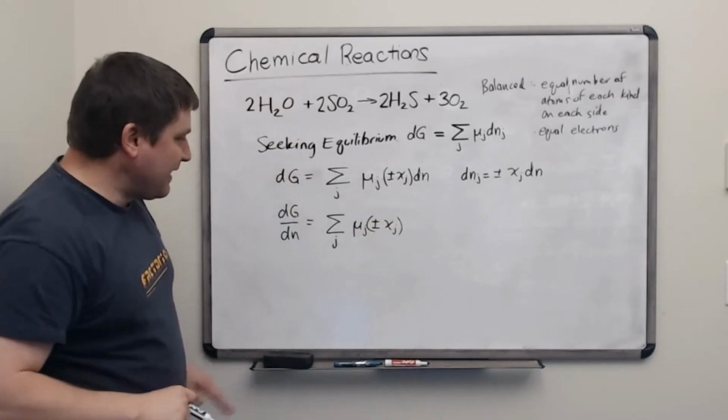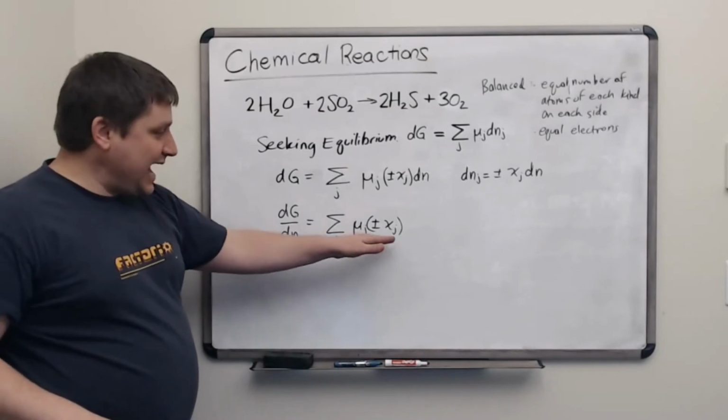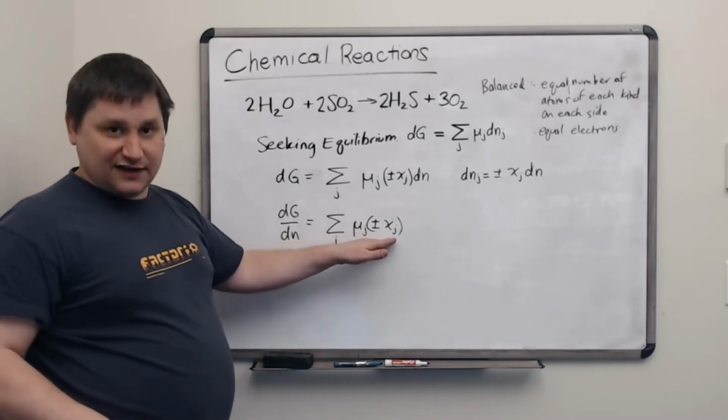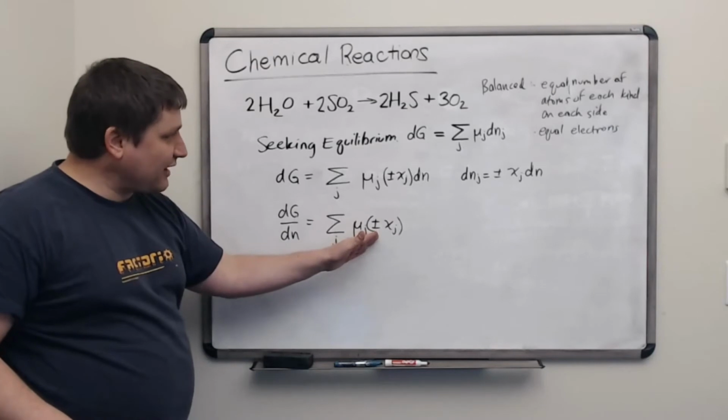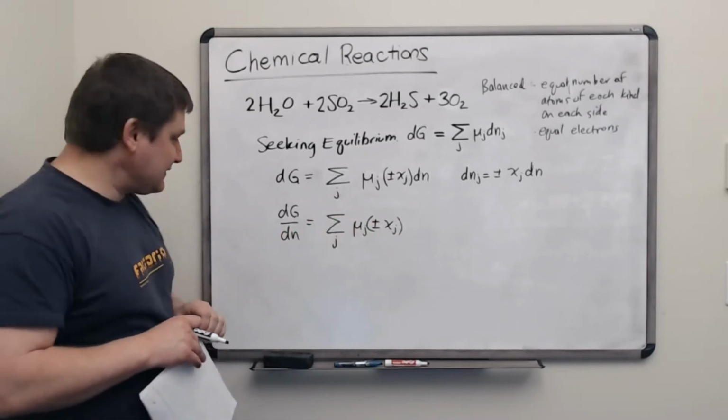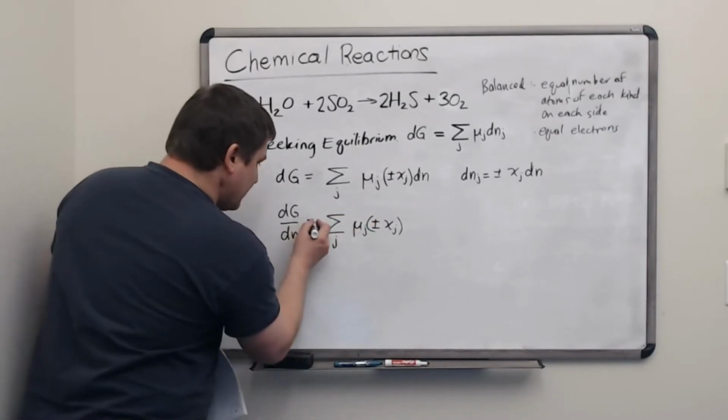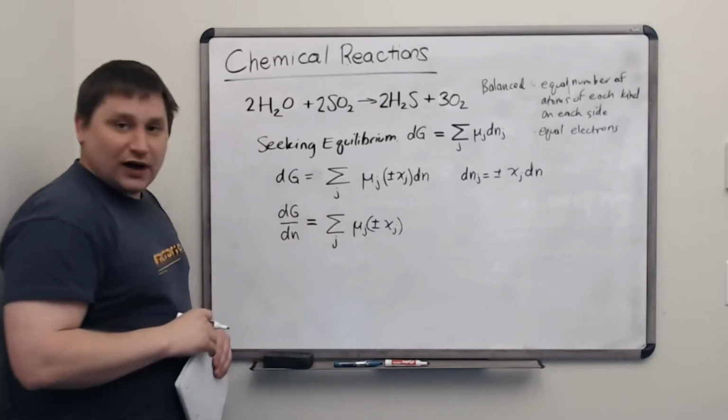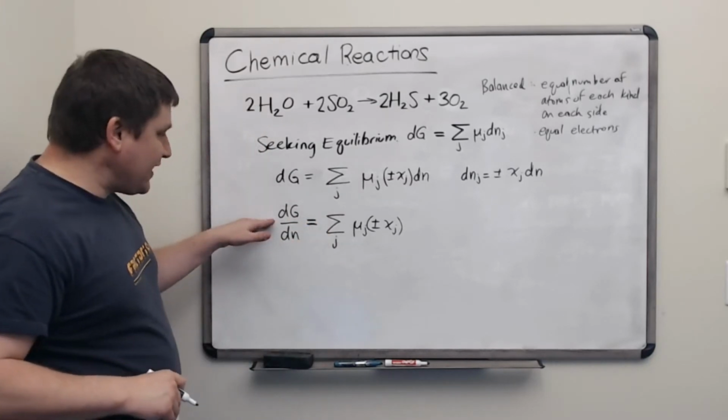We get something that depends only on the chemical potentials and the stoichiometric coefficients of the reaction. Again, plus for products, minus for reactants. Now, nature wants to minimize the Gibbs free energy.